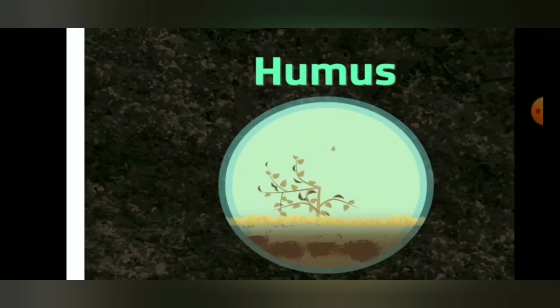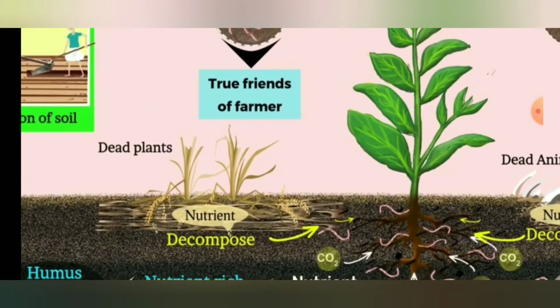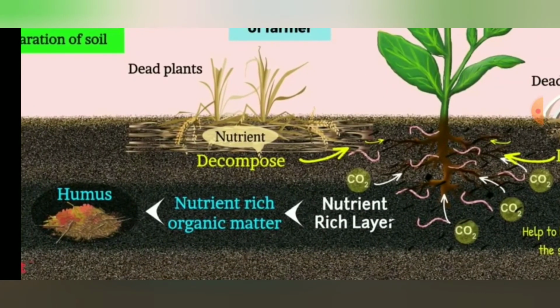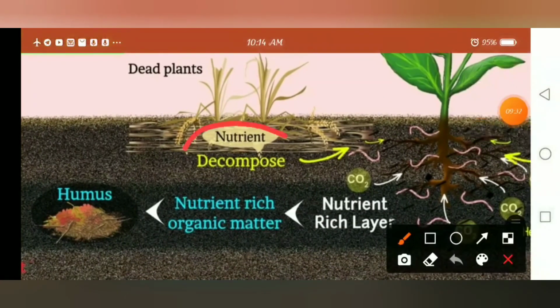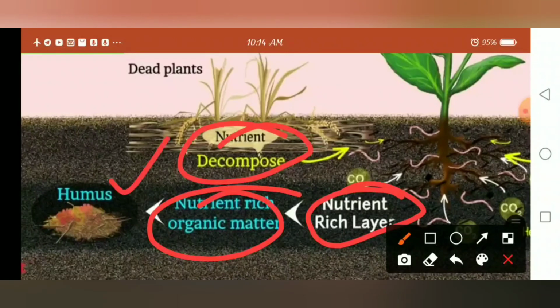These plants and animals are living things. After dying they are converted into humus. Thus this humus is very important for the growing of crops. Here you can observe the nutrient decomposition. The nutrient rich layer is organic matter humus.